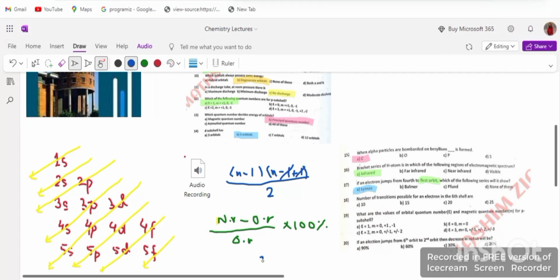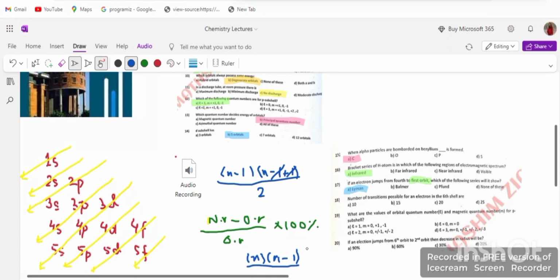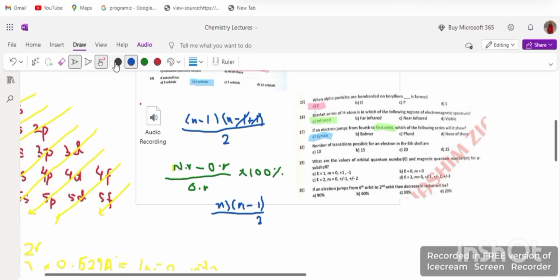So the formula which we get here is n into n minus 1 upon 2. So we can put it here in the formula. Our n here is 6, right?